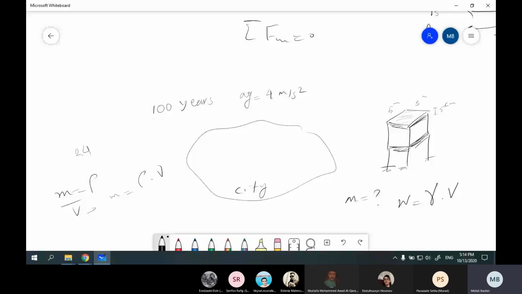For example, you're going to construct a 10-story building, and your ground dimension is whatever, so you can easily find M. As I said, you can check the earthquake records and see that the maximum ground acceleration within the past 100 years is 4 meters per second squared. So P is okay right now. What was P? M times a_g.